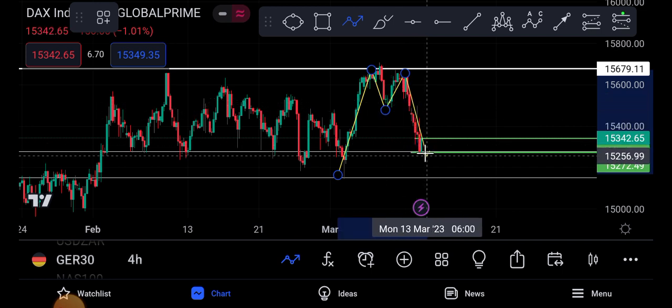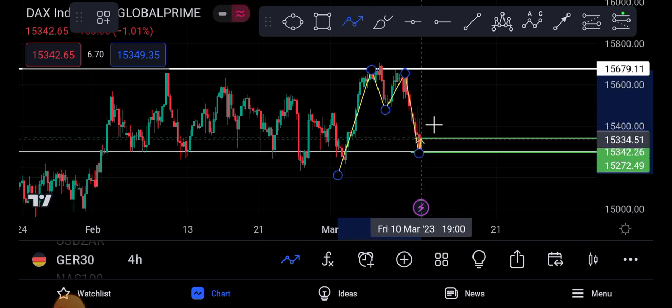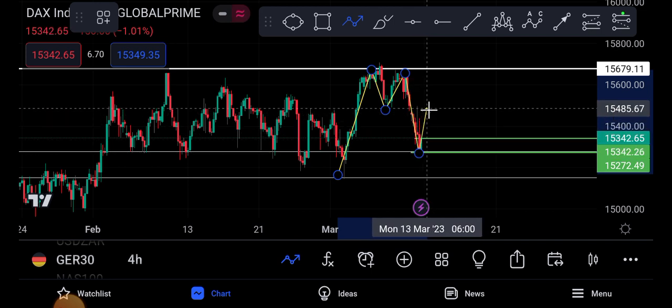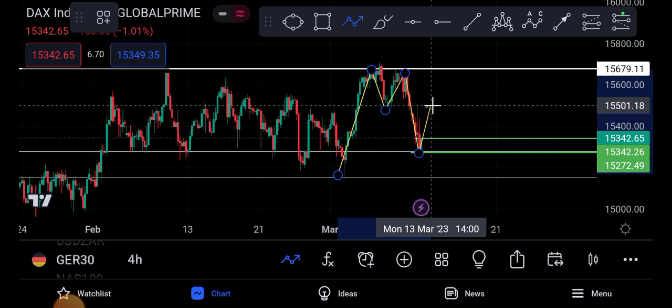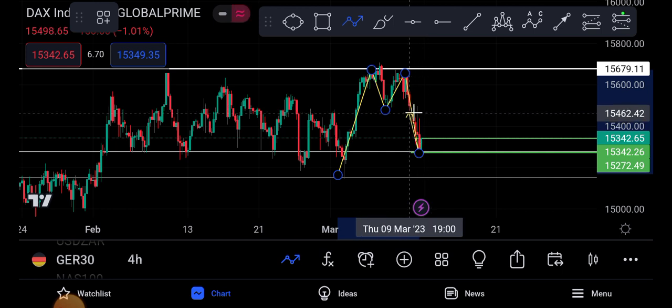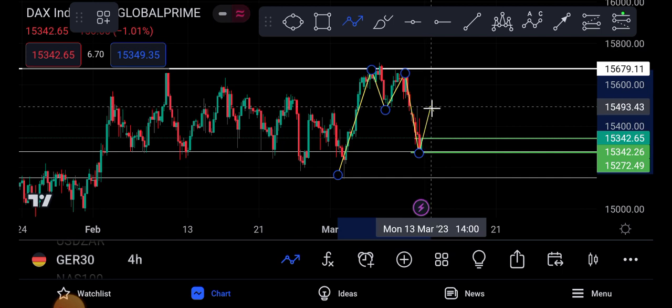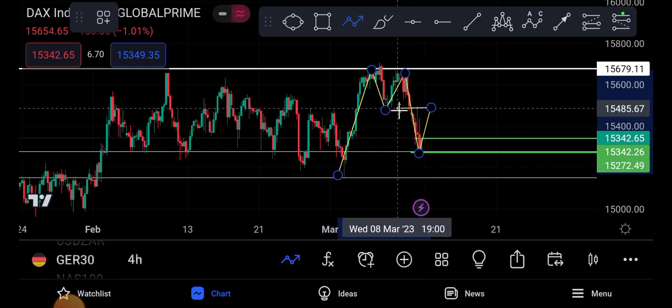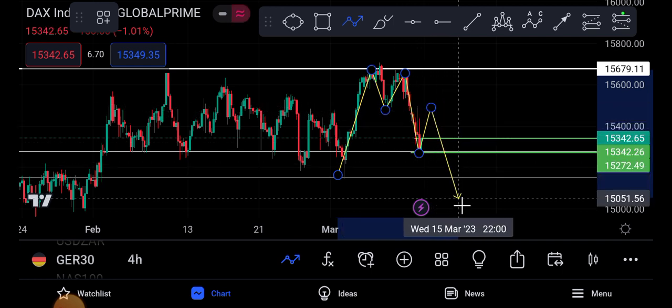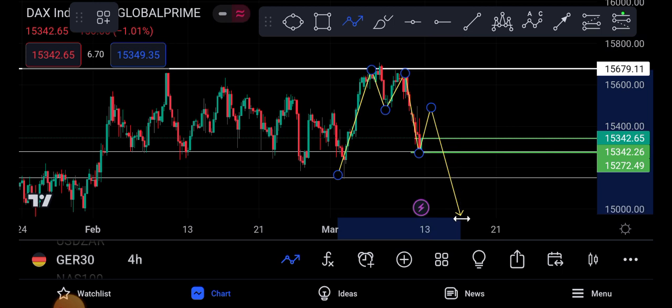So now basically what we can be looking out for is that we want a nice retest right here before we can actually be looking for our long-term sales, right? This rejection right here has started creating something for us. So basically we're gonna be looking out for another bullish momentum to come and retest this level right here before we can continue with the sale, you understand?